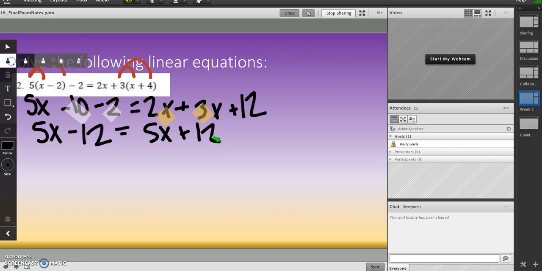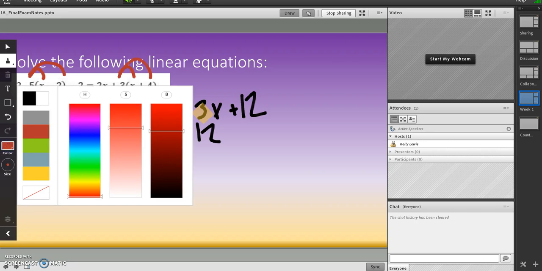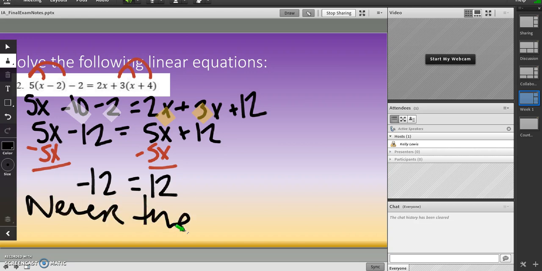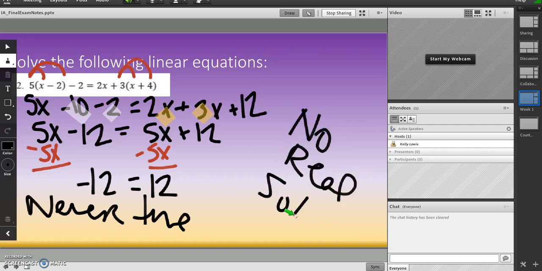I like my letters on my left. Okay, so I'm going to subtract 5x. Right, so those cancel, so I get negative 12 equals 12. That's never true. And since that's never true, our answer is no real solution.